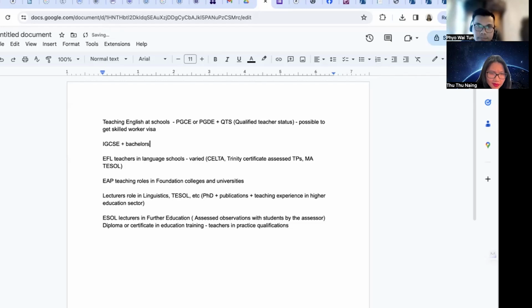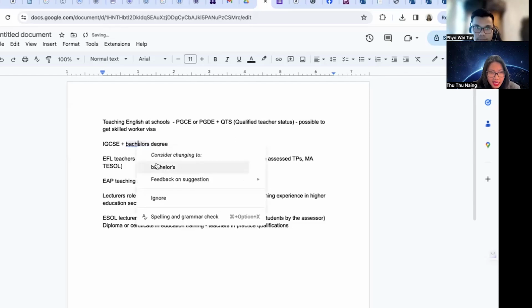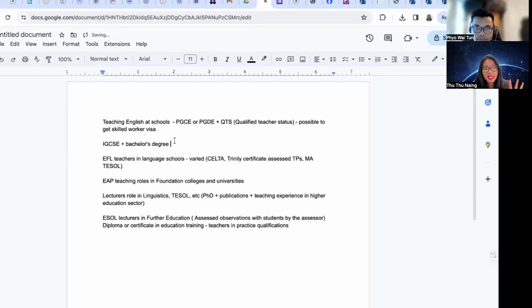It is a year program, or it could be 2 years program, depending on where and how. Then you have to find jobs in schools. And if you have an offer letter, you might be able to apply for a skilled worker visa.